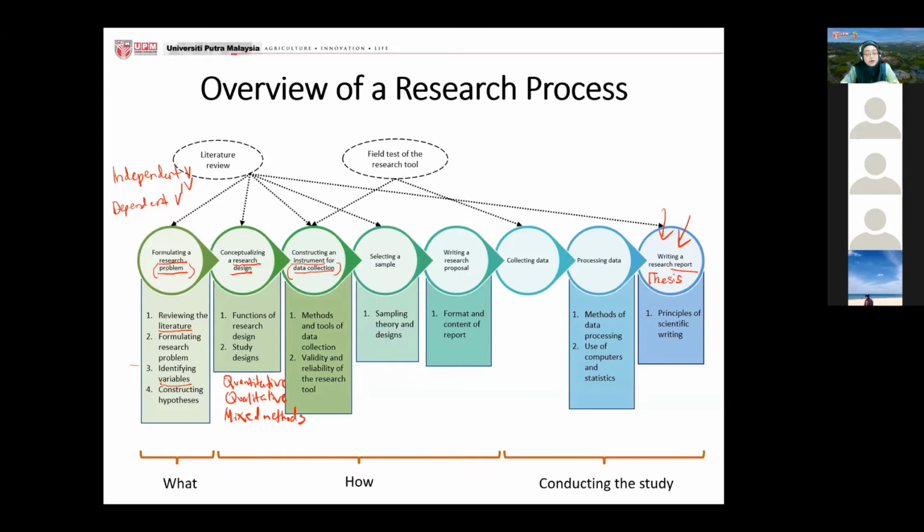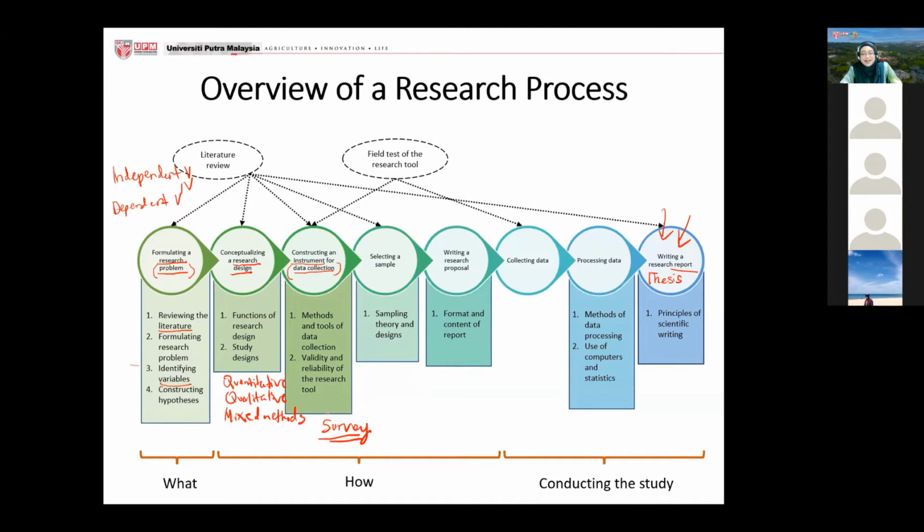However, depending on the type of your study design, for example, if you are doing something like a survey, there is an instrument that you use.